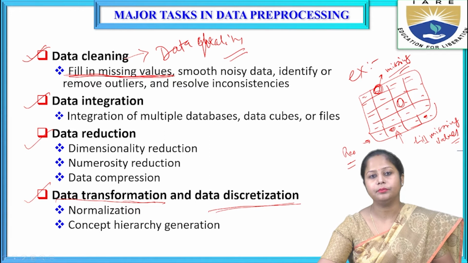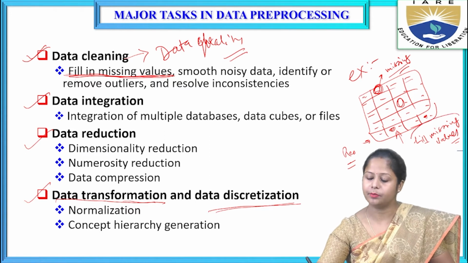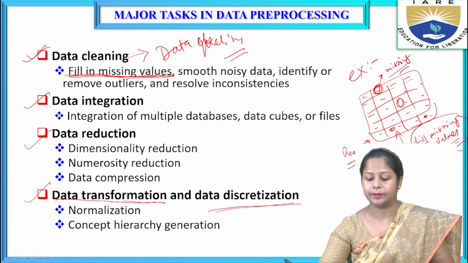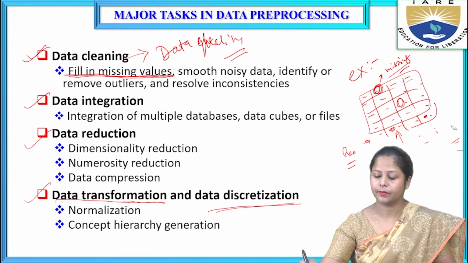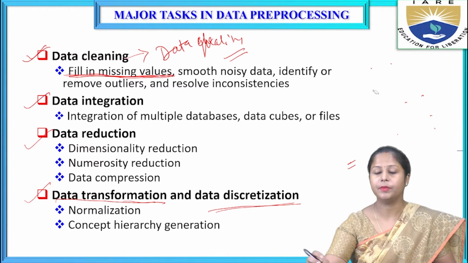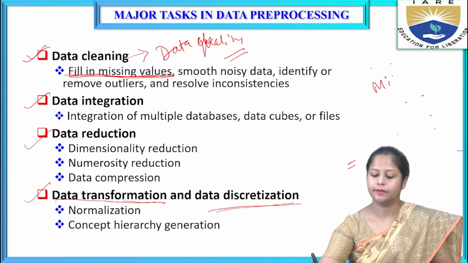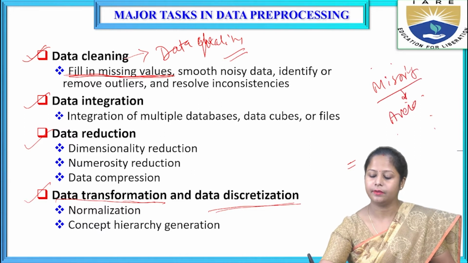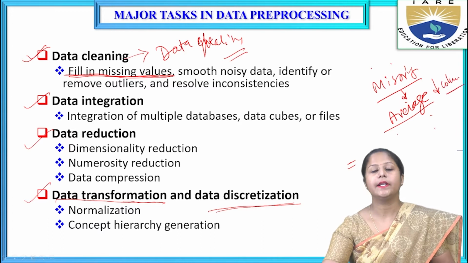So there are some methods to fill that missing values. I'll tell. Some methods to fill that type of missing value: we can take the average of the whole column.